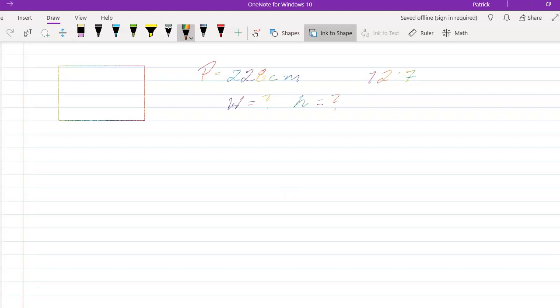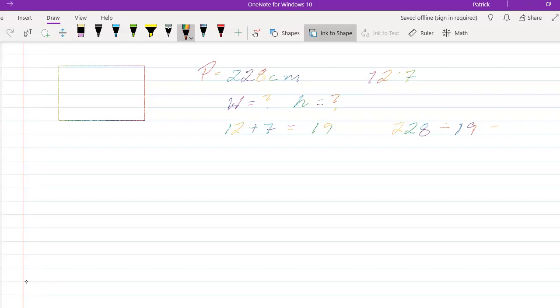So again, 12 plus 7 is 19. Right, so divide the total, which is 228, divided by 19, in a ratio of 12:7.